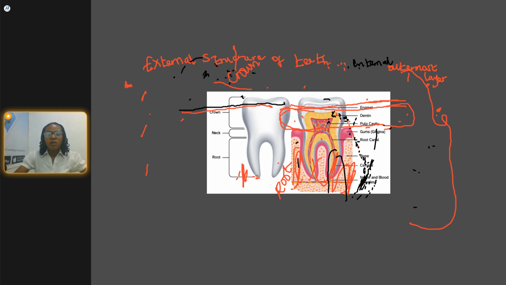All right, so that is about the external structure and the internal structure of teeth. So we are moving straight to the types of mammalian teeth. We have talked about the external structure, what you can see outside, and the internal structure, what is holding the teeth, what makes it function well.